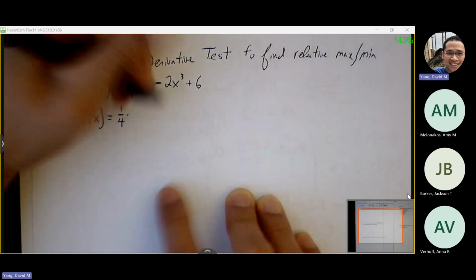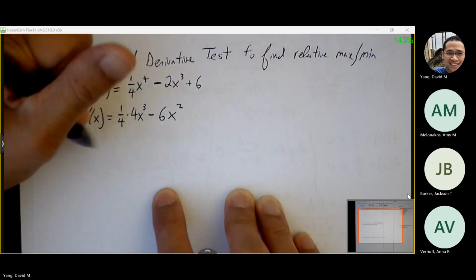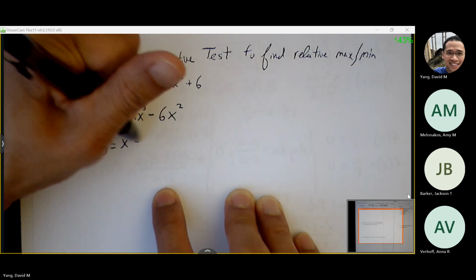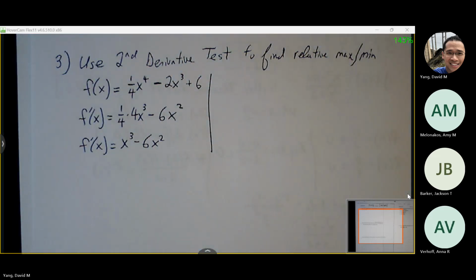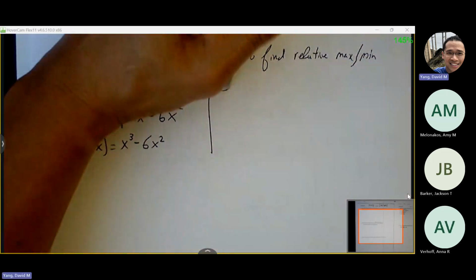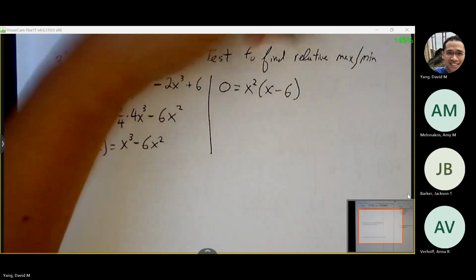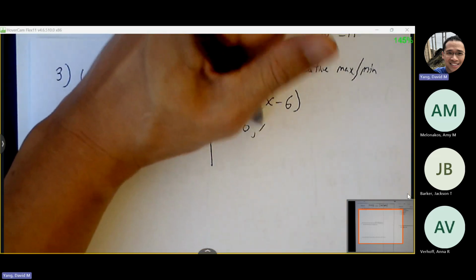So let's find f prime. Set f prime equal to 0. Solve for x.